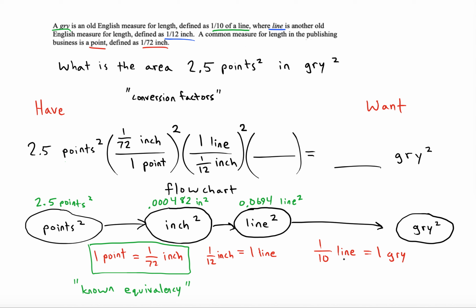Got to use the equivalency. Put lines below and GRY above. And the 1/10 has to go with the line, and a 1 goes with GRY according to the equivalency. Finally, square that factor. I'm going to round it to just 2 sig figs because my original starting point had 2 sig figs.